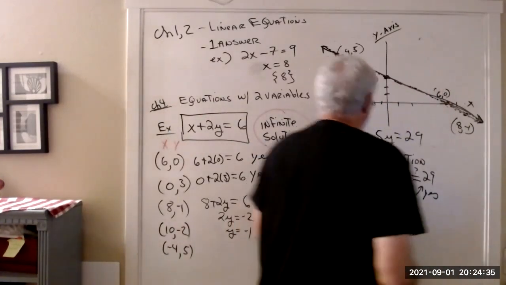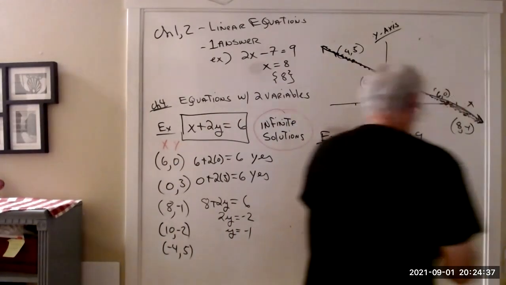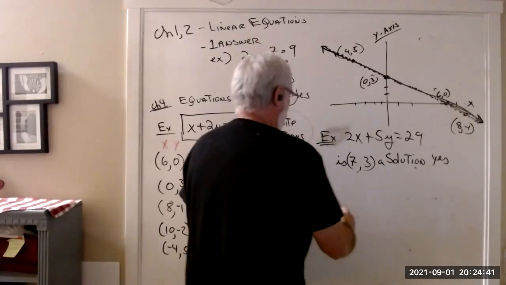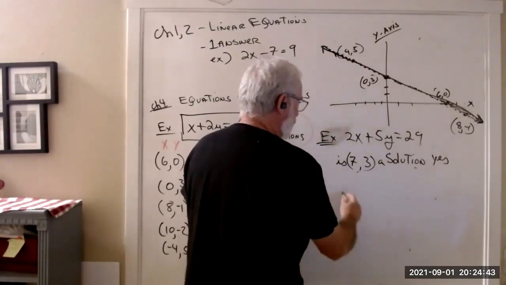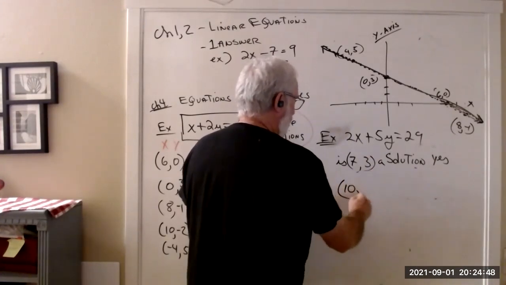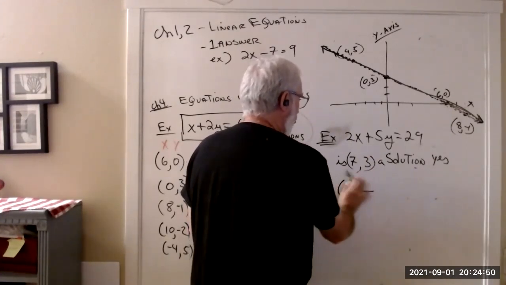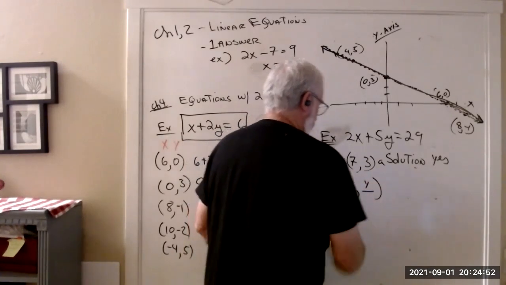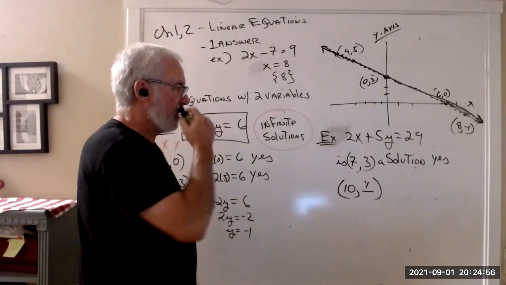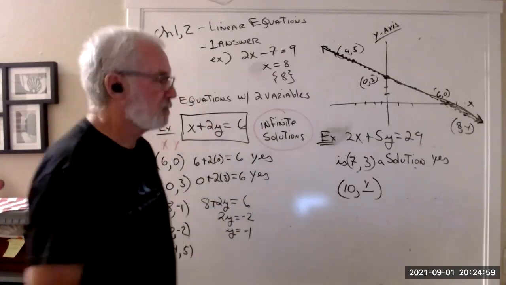The next thing Mom is going to do with the same problem, so this is yes, she's going to say, find the missing variable. If this is 10, comma, figure out the missing y value. Okay, so take a second and see if you can figure that out. It will be a fraction.